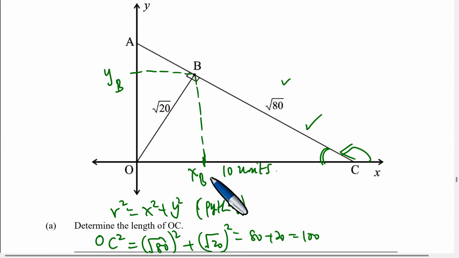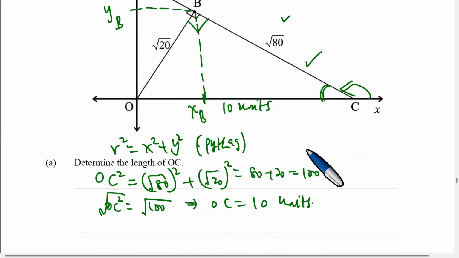Right, so we already know the gradient of OB. Because they're perpendicular, the gradient of OB times the gradient of AC is -1. Alternatively, you already know the angle of inclination here. What is the angle here? This one.